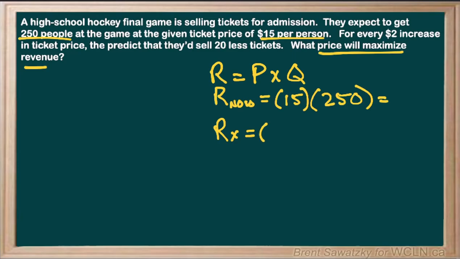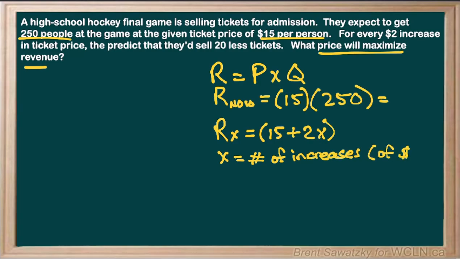For the price, we start with our base of 15, and we're told that for every $2 increase, so $2 times the number of increases. I'm going to make a note of that, just so we don't forget at the end what X was standing for. X is the number of increases of $2.